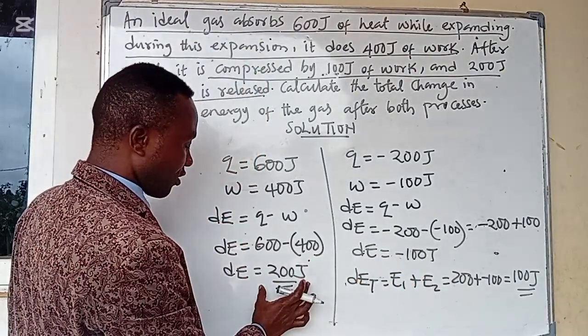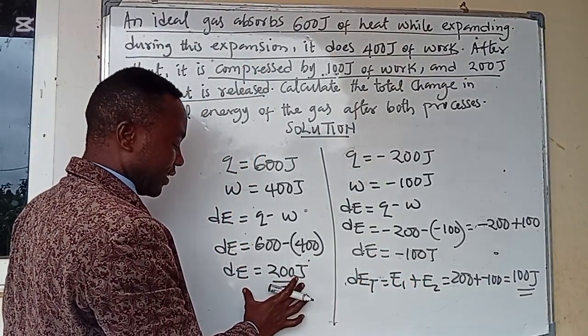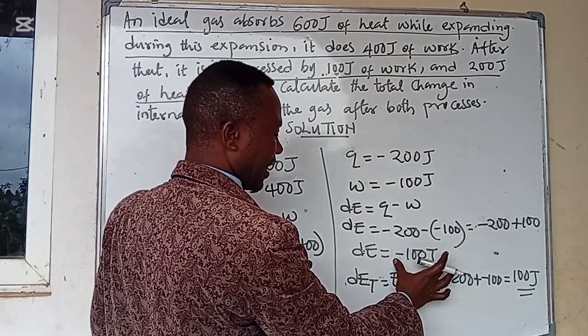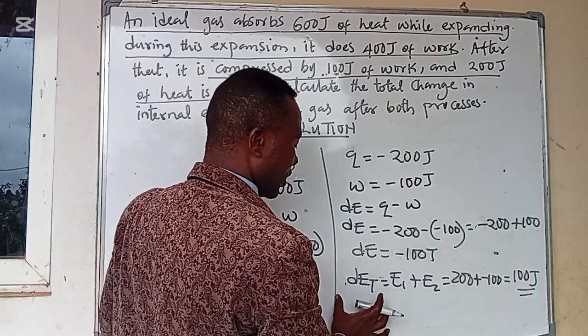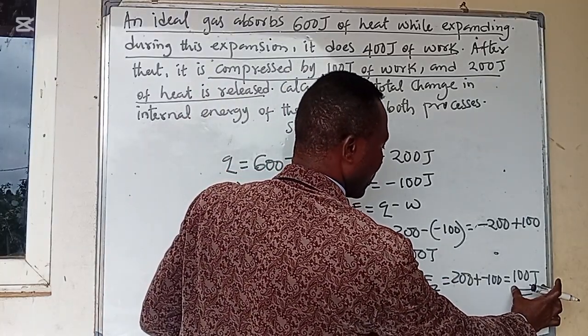Remember, the first internal energy increases because it is greater than 0. The second internal energy decreases because it is less than 0. But the total internal energy, the final, increases because it is positive.